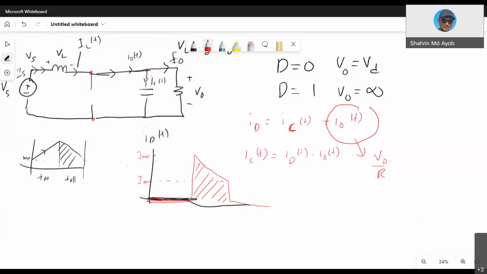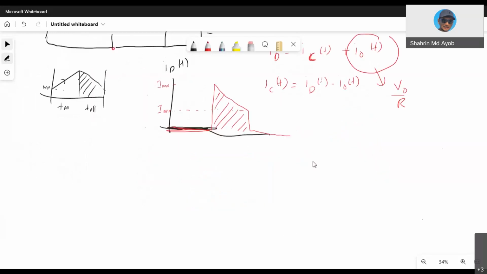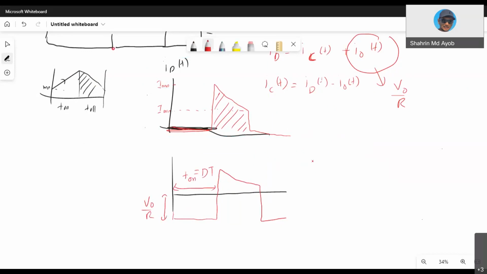So, resulting in a waveform that is the same, but shifted lower. This magnitude is V out over R. And this one is your T on, which is equal to DT.